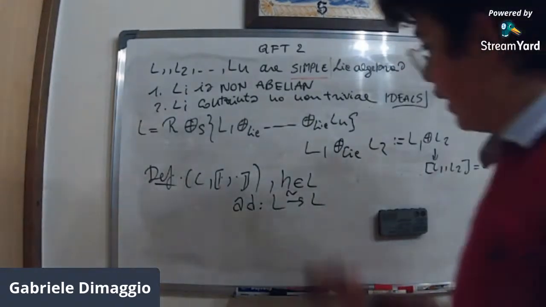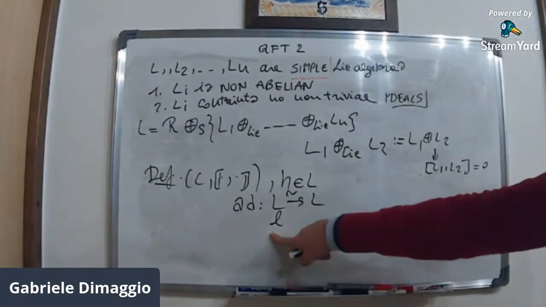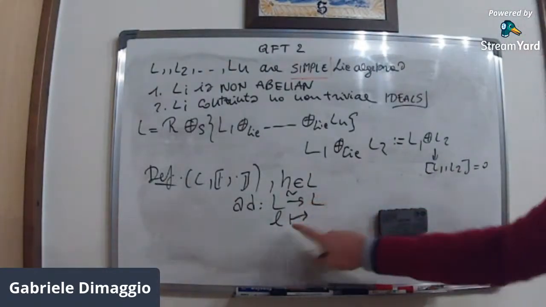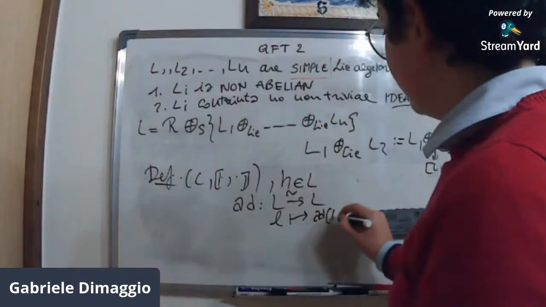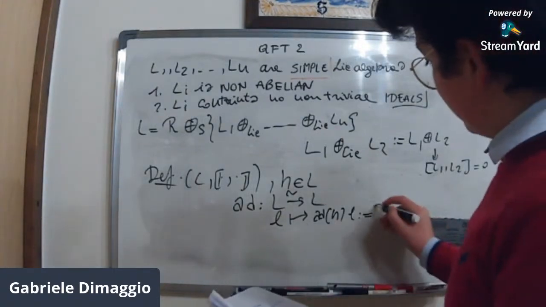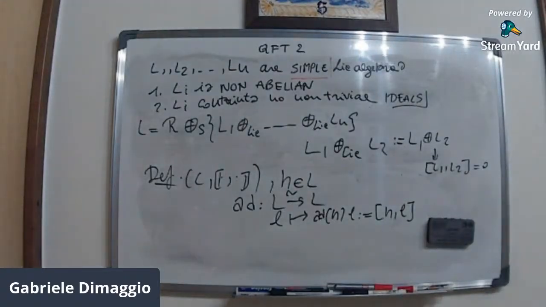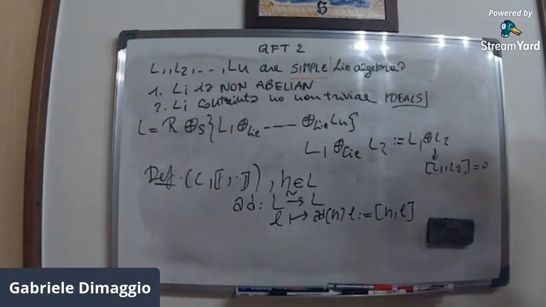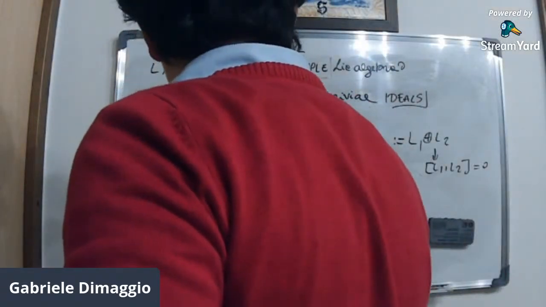If I take an element L, the map gives me the commutator between H and L. So we can say that the adjoint map is equal to this.